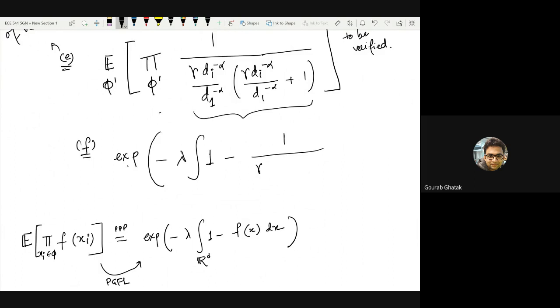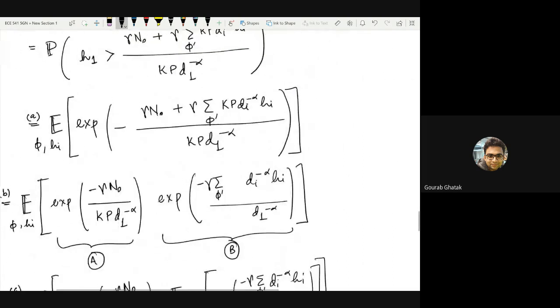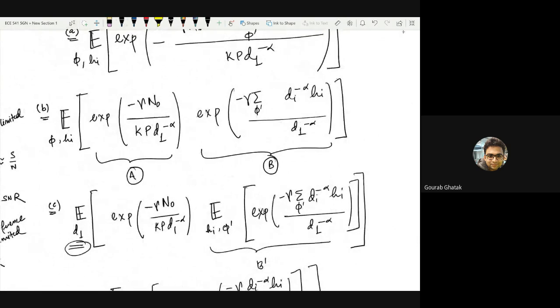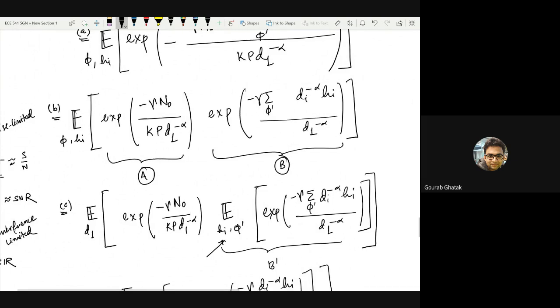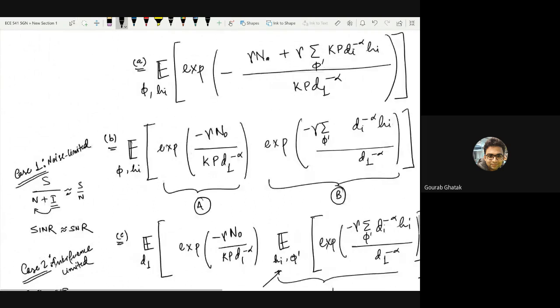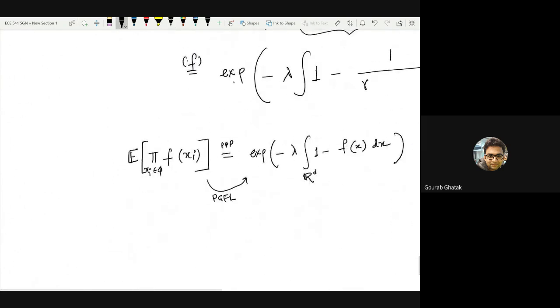Can someone tell me now what I should write? So here D1 and Di would be taken as two different random variables. Remember, D1 for the moment is constant, because we will be taking an expectation with respect to it in the end. So for the moment we are only discussing Hi and phi dash. Hi we have taken care of. Phi dash consists of all the base stations which are not D1, right? So D1 is, for this evaluation, a constant.